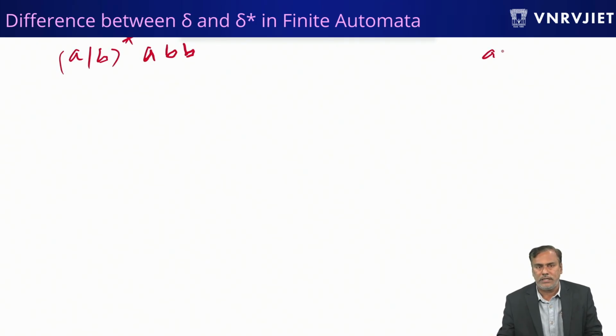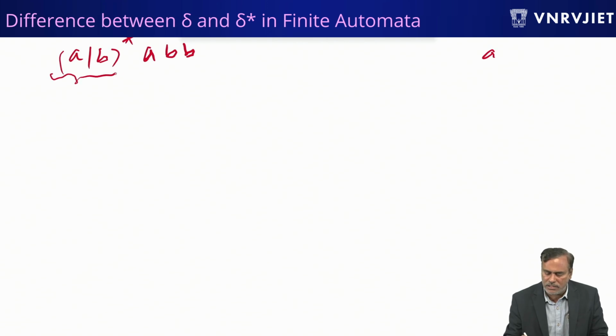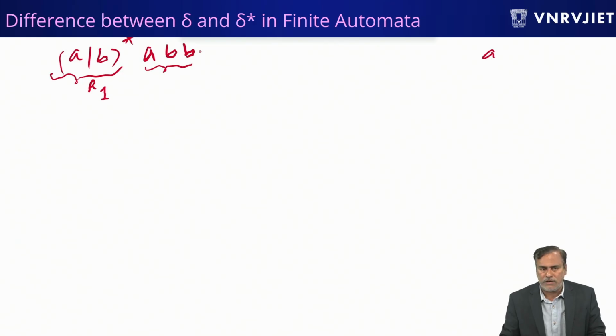If I am going to break down this complex expression into two sub-expressions, say R1 part is (A or B) star, R2 part is ABB, then this R1 part is optional, because you have a star. Star means 0 times. So you are not going to take any input from that R1 part.